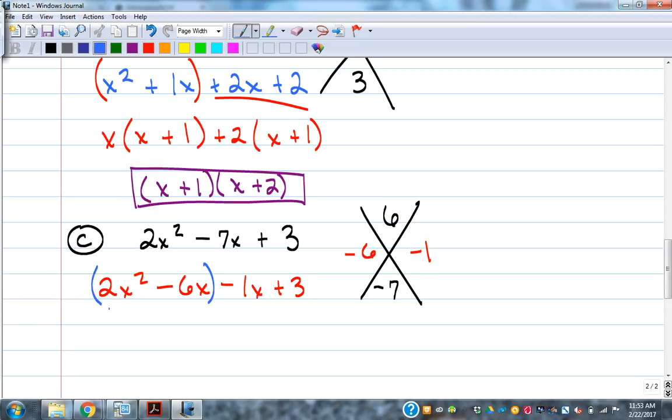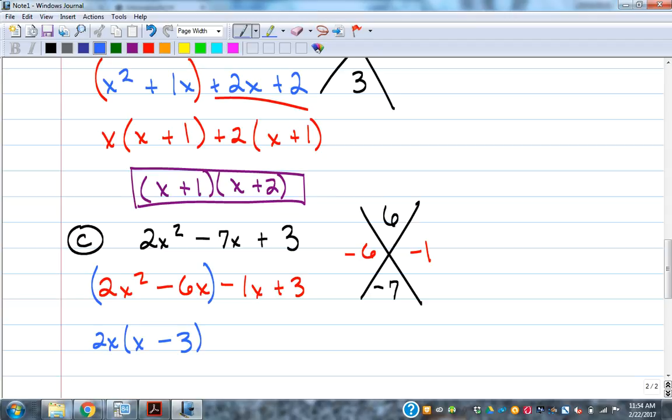Group. What do those 2 have in common? 2x. What's that leave in their parentheses? Is it plus 3 or minus 3? Minus 3, because it's a minus here, right? So it should be a minus there. What do these 2 have in common?